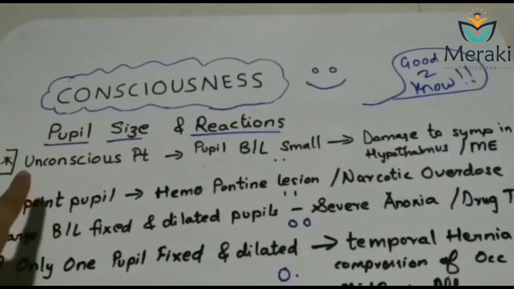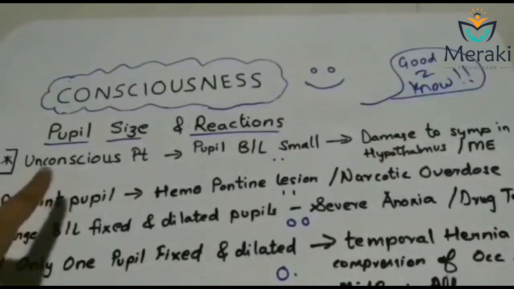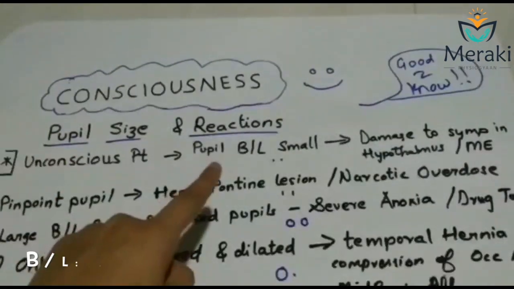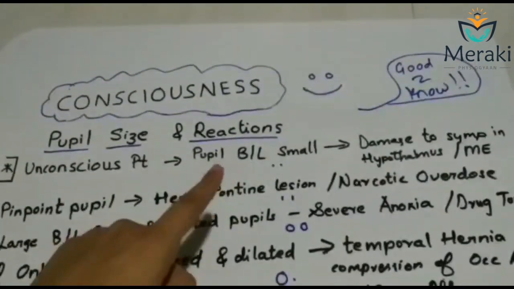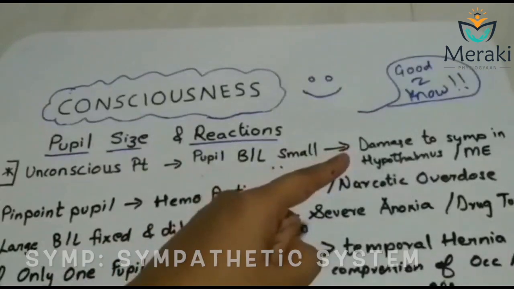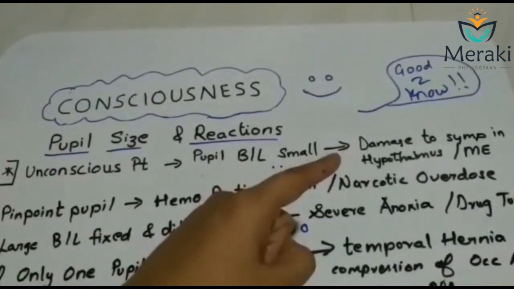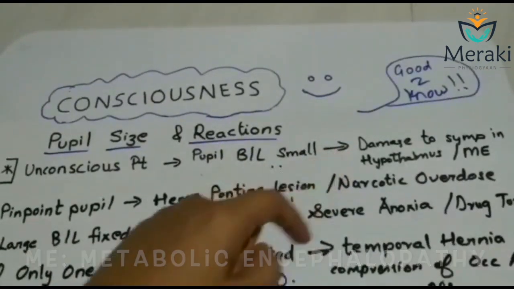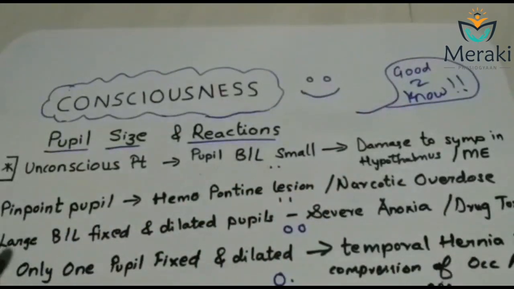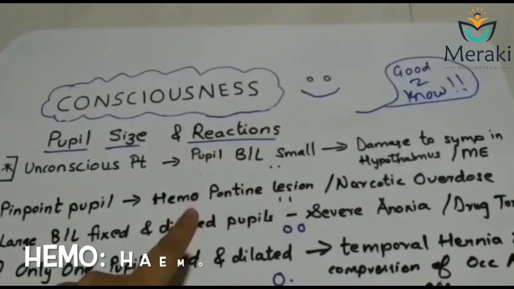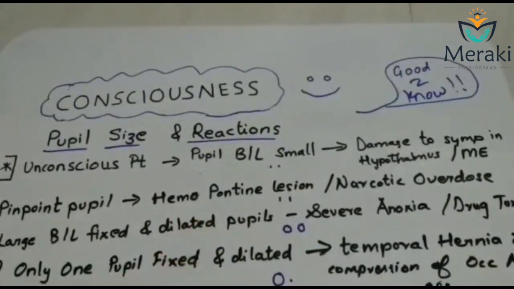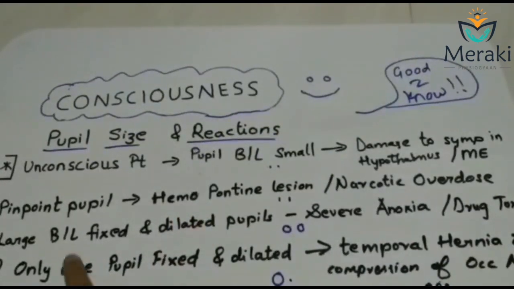If in an unconscious patient, while examining the pupils, you see they are bilaterally small, this would indicate some damage to the sympathetic system in the hypothalamus or a metabolic encephalopathy. If the pupils are pinpoint bilaterally, then that would indicate a hemorrhagic pontine lesion or a narcotic overdose.